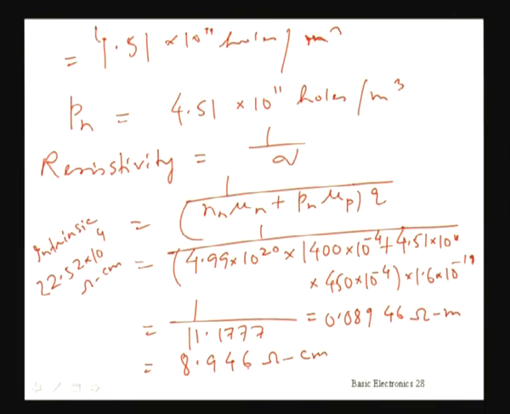If I find out how much ratio it has brought it down, dividing this by 8.946 ohm centimeter, then I find that 25,173.26 times the resistivity of the material after doping, it has been brought down.